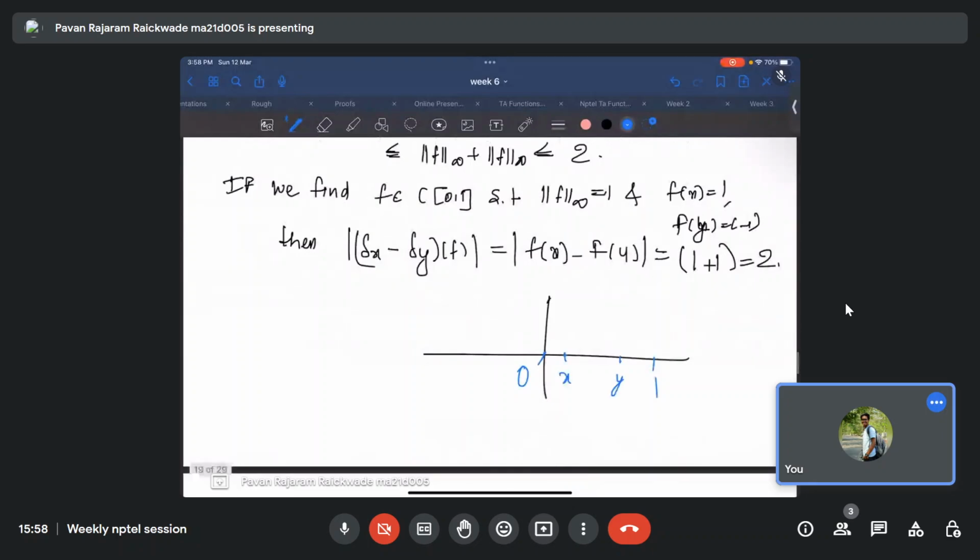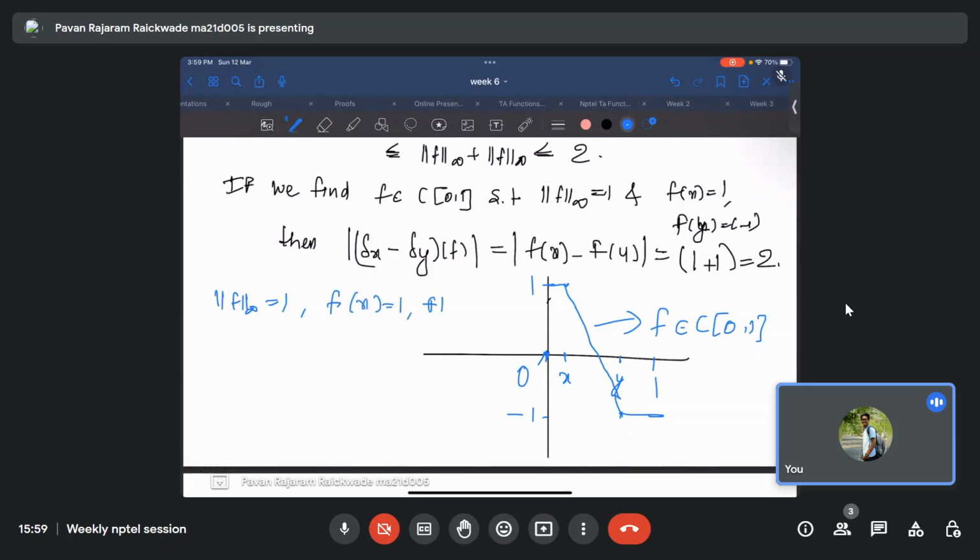I define this function as follows: from 0 to x it is 1, and from x to y you go linearly to minus 1, and then from there it's minus 1. So this f belongs to C[0,1], and norm of f infinity is 1. f at x is 1, f at y is minus 1.